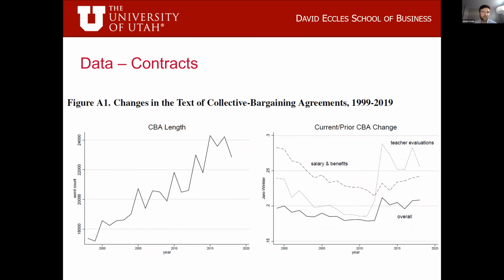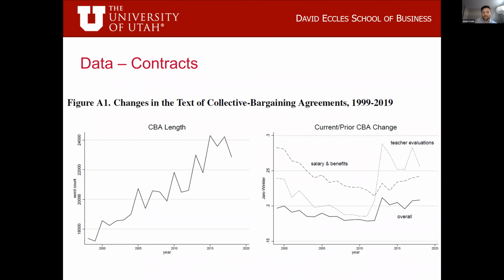Okay, so this is some information about what these contracts look like over time. On the left panel, these contracts are ballooning in length over time. By 2015, they're about 24,000 words long on average. The right panel shows the Jaro-Winkler dissimilarity scores.